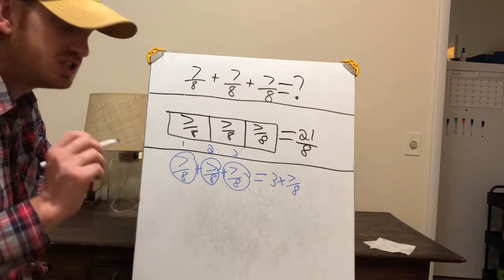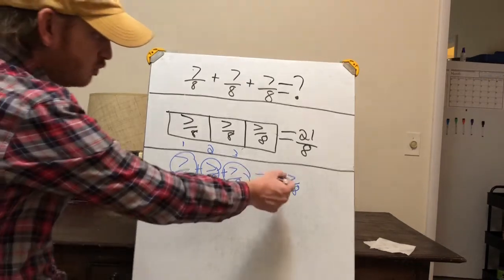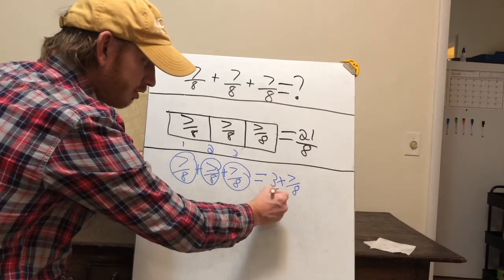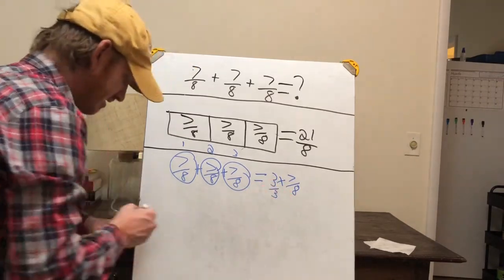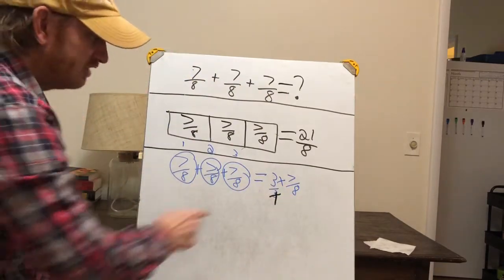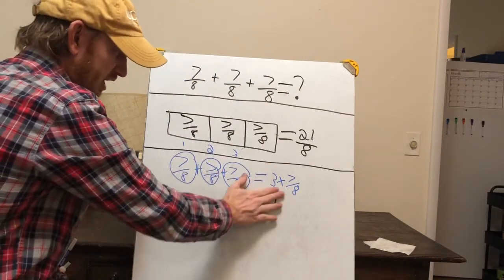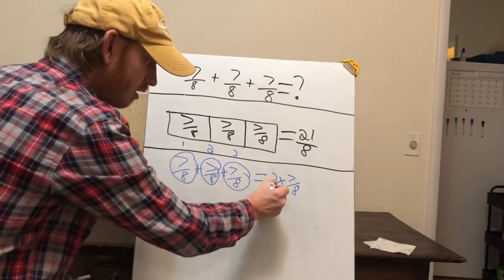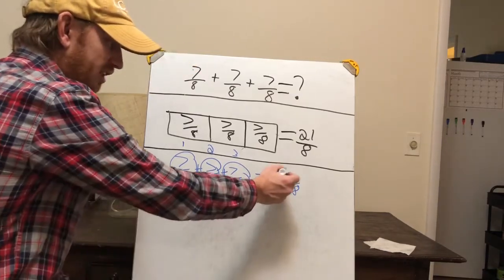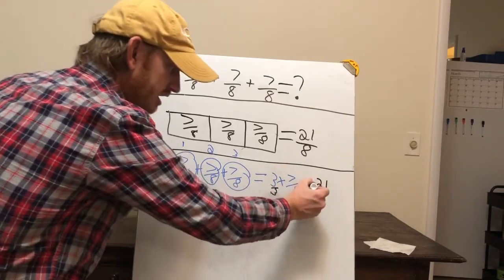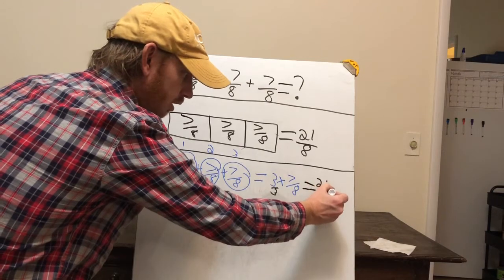I'm now going to use the associative property. Because when I do 3 times 7 over 8, it's not 3 over 3 times 7 over 8. It's just 3 times 7 over 8. If it was 3 over 3, then we multiply 3 times 7 is 21, and 3 times 8 is 24.